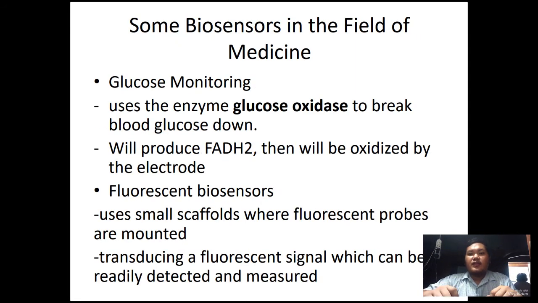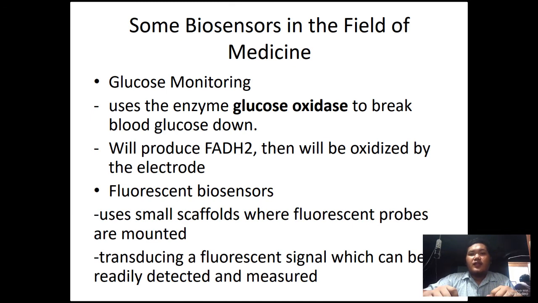Some biosensors in the field of medicine. Glucose monitoring. Glucose monitoring is one of the widely commercialized biosensors in the market. It is used in hospitals with diabetes patients and other glucose-related illnesses.